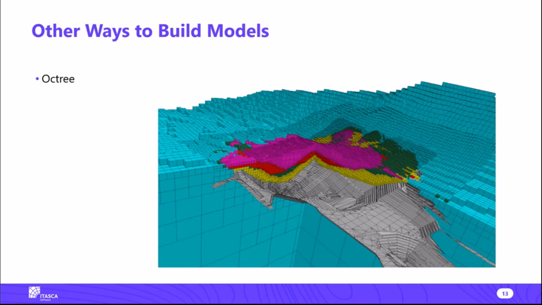And this allows you to create a model that matches the surface. I mean, it's not going to be a perfect match because it's going to be this sort of sugar cube geometry. But certainly for things like open pit mines, it's probably close enough, and it allows you to very easily match this surface, and then delete the zones that you don't want or delete the blocks that you don't want, and do these open pit type models.